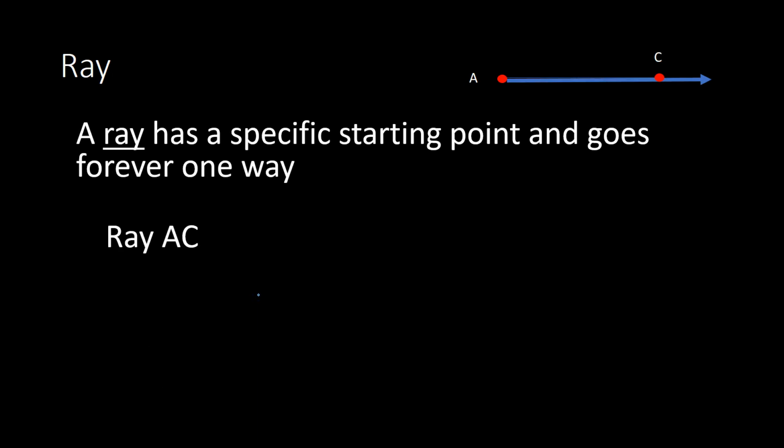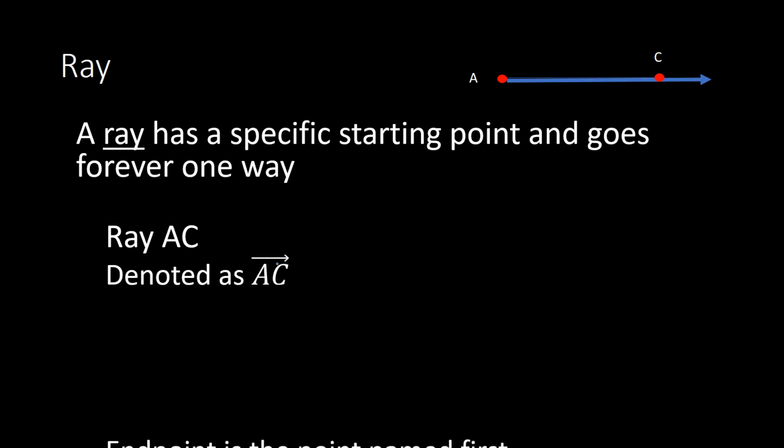So we would say this as ray AC, where A, the first letter, is going to be your endpoint. And then the second letter is the other point that it goes through. And as far as labeling this, we can use here the notation AC and then the ray symbol above it. Okay, so that would be a shorthand way of writing the same thing.